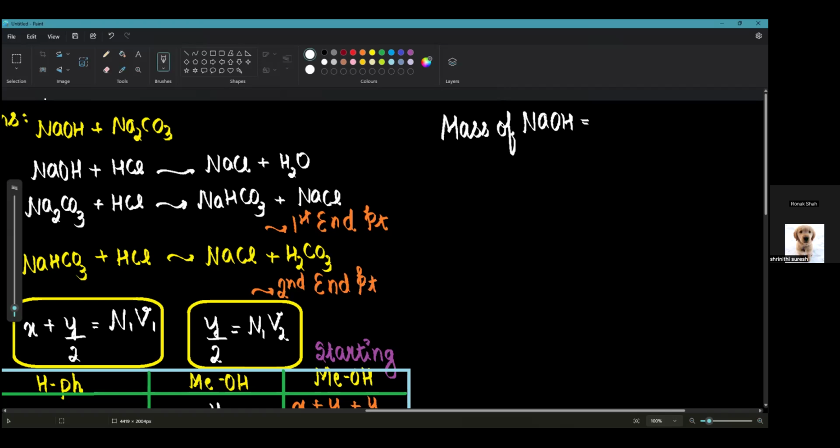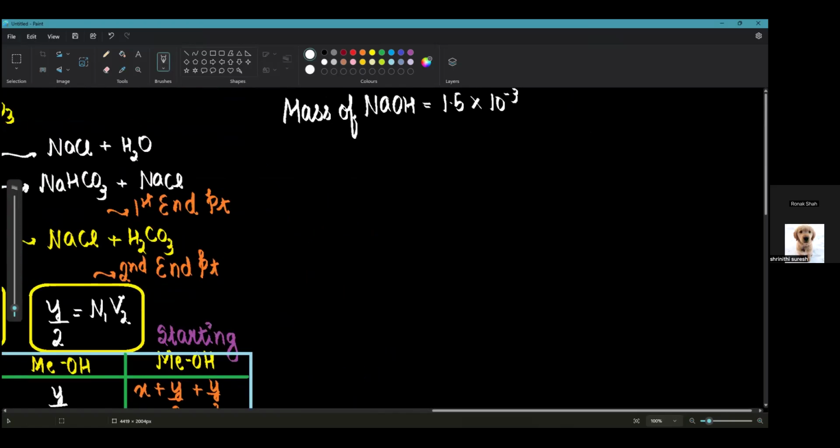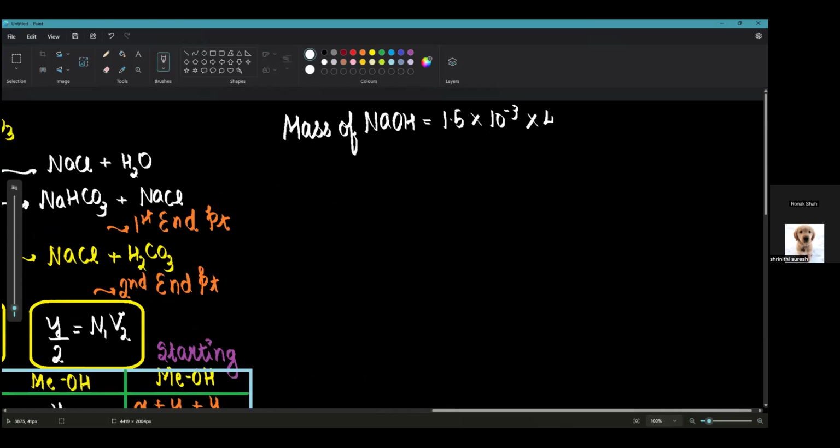What is the formula for mass? Moles into molar mass. The molar mass of NaOH is 40. So 1.5 into 40 is 60, into 10 raised to minus 3, which means it is 0.06 grams.